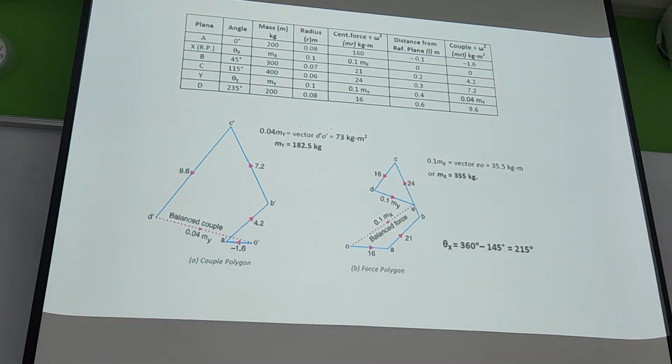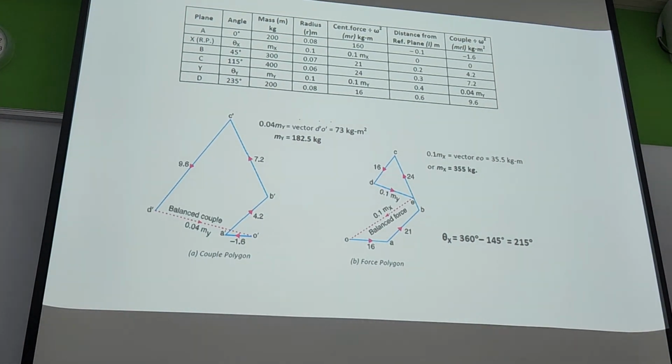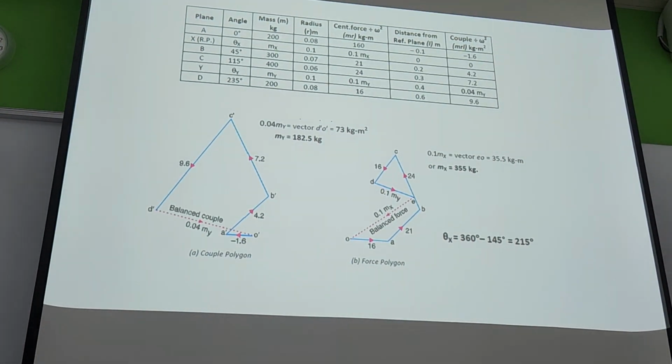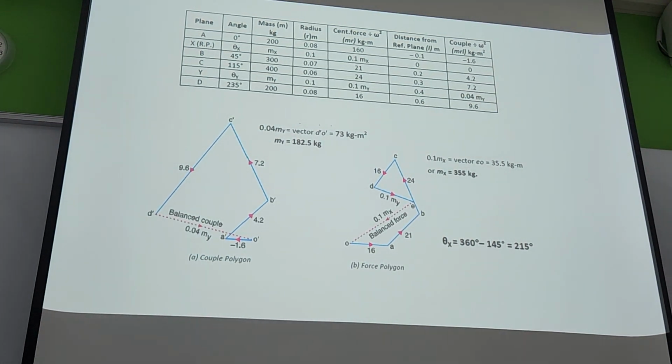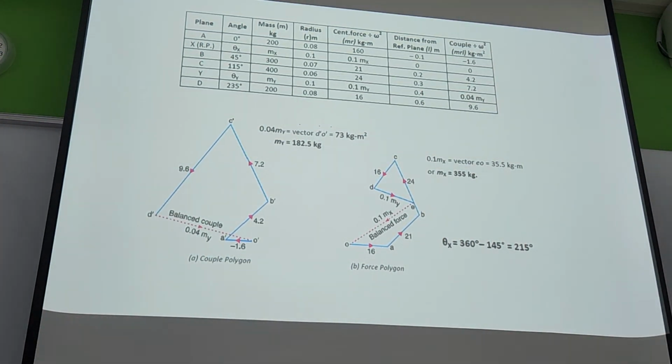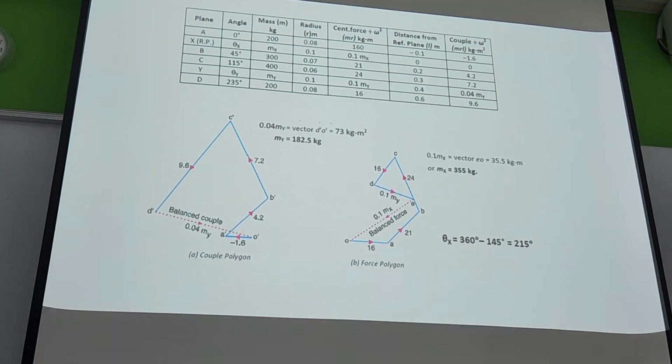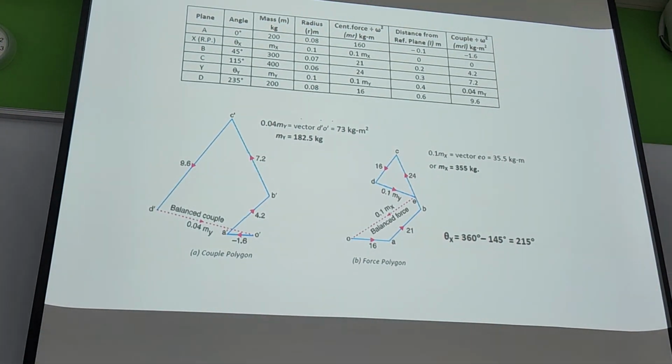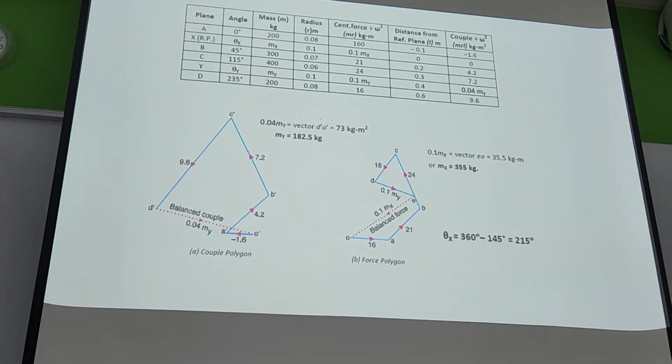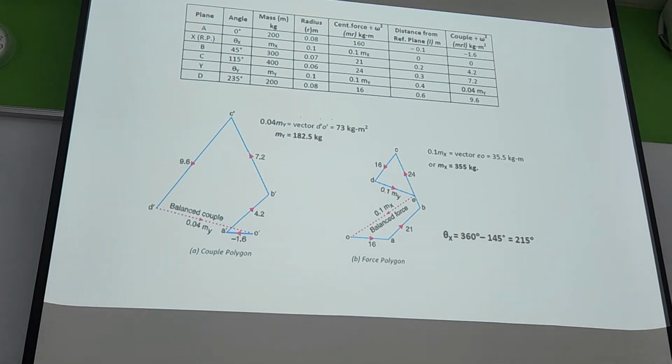For dynamic balancing, we need to plot two polygons. The first one is called the MRL polygon, so we write mass into radius into L. First see for plane A, the MRL value is negative 1.6, and we know the orientation of this MRL.